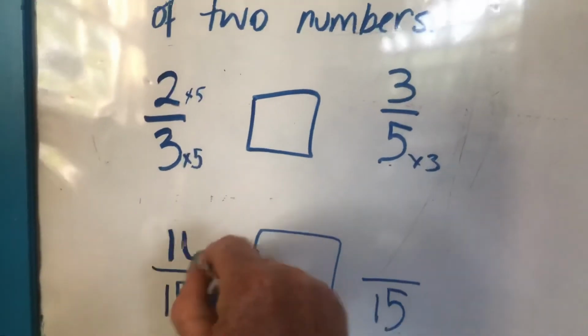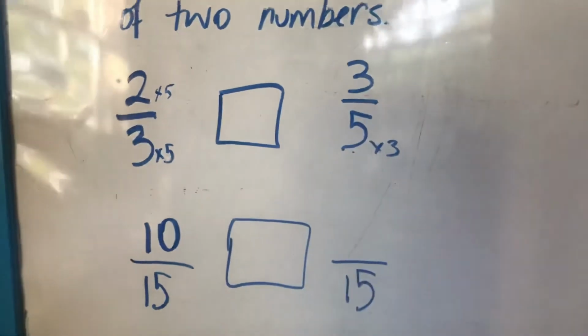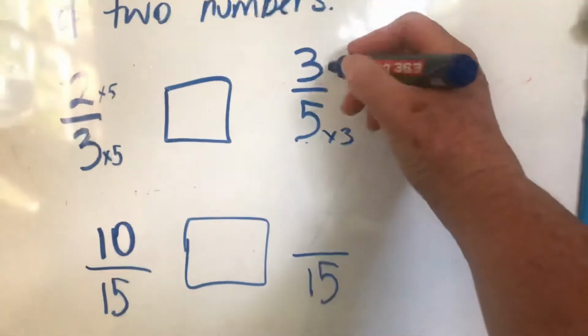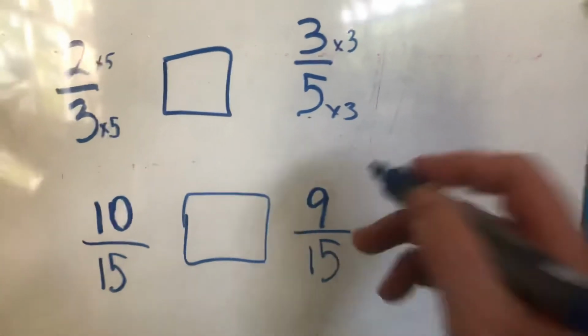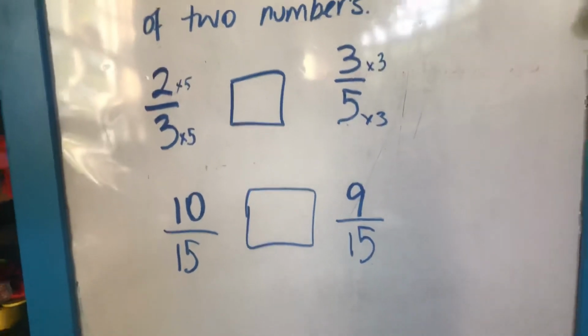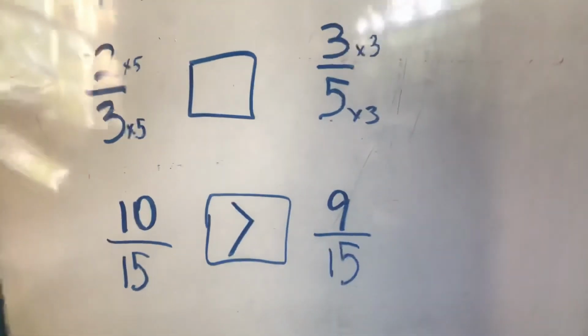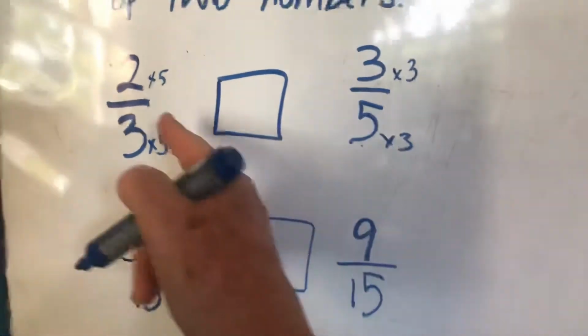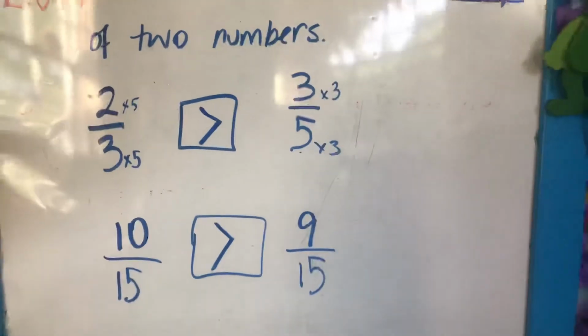So this one will be 10/15, the same value as 2/3. And we'll have 9/15. Now that they have a common denominator, we can easily see that 10/15 is bigger than 9/15. So we can therefore say that 2/3 is bigger than 3/5.